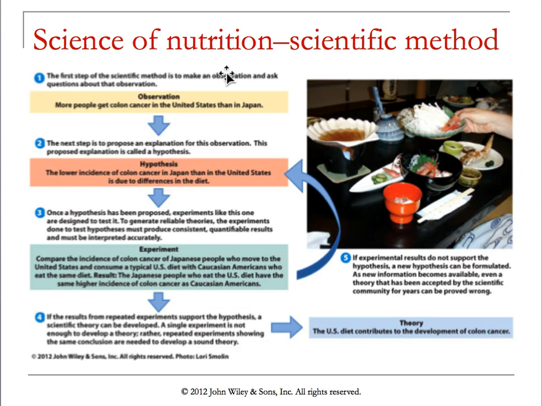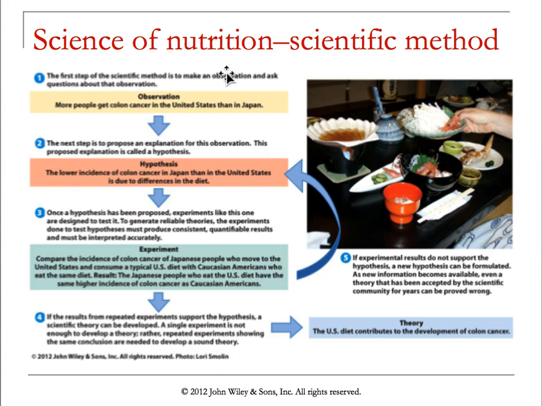So here is an example of the scientific method with regard to nutrition. The first step is to make an observation. In this example, the observation is that more people get colon cancer in the United States than in Japan. This is pretty easy to tell, something you can find by just looking at population statistics. It's a fact.